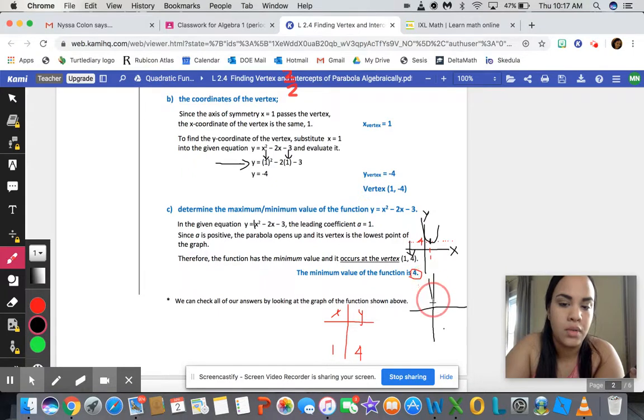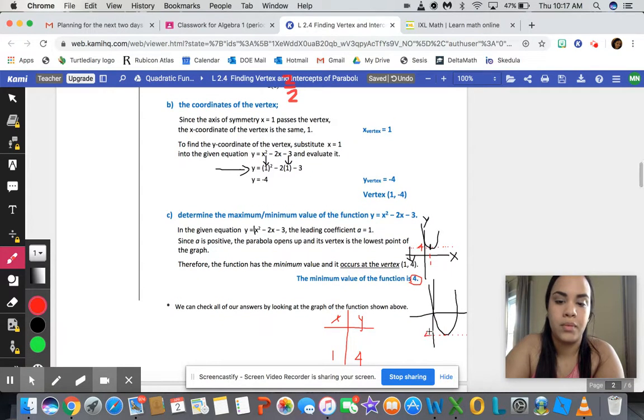If you go like this to the parabola, your minimum would be touching 4 right here, which is negative 4. So that is 1 comma negative 4. So your minimum value, how did I not notice that? Over here is 4, but your y value is negative 4.